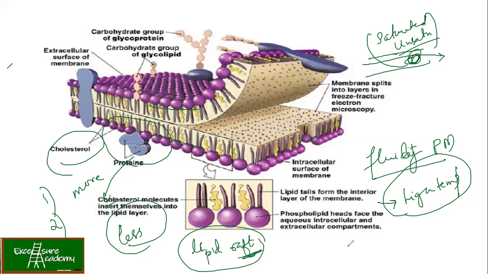See, raft means what? Everyone knows, right? किसी भी नदी में या कहीं पे भी एक टाइप का फ्लैट बोट जैसा कुछ रहता है. So you can just take this raft anywhere on the surface of the lake or the river. Same way, the plasma membrane, since they are not rigid, they are mobile. This particular phospholipid, if it is present right now here, after some time you will see it is present over here.